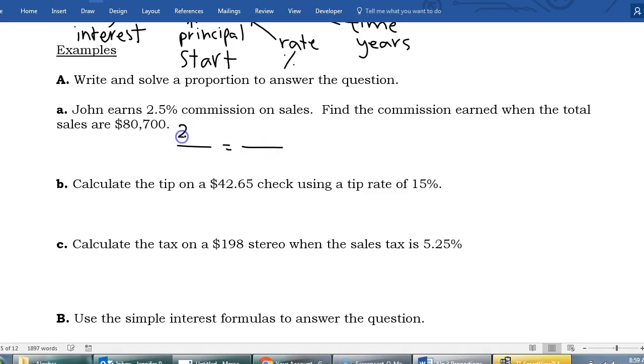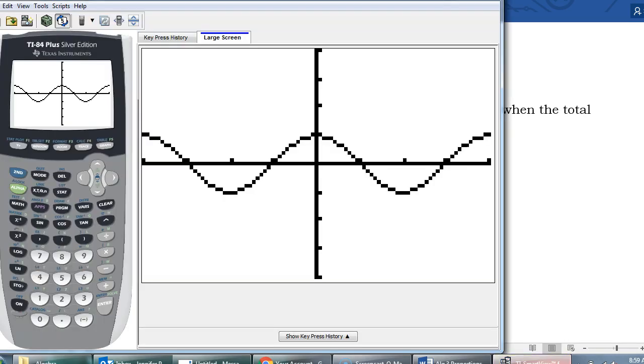When we're given a percent, we're going to put that value over 100. And then remember, the part goes on the top and the whole goes on the bottom. So if his whole sales were $80,700, we want to know what he earns. We would put the variable on the top, and then we can cross multiply, divide, and that should bring us to our answer. So let's see.